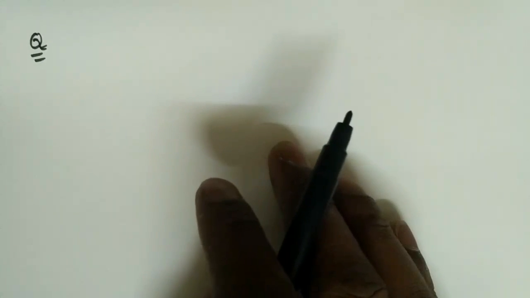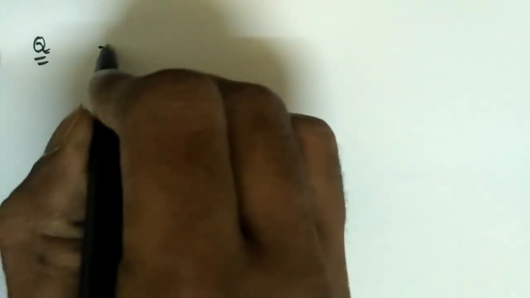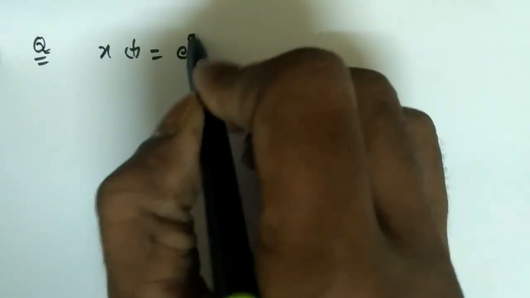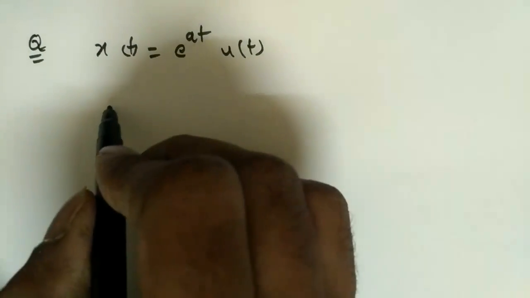Next we will see, we said the Laplace transform is applicable to unbounded signals also. So if I take x of t equal to e power at, which is unbounded, we'll see whether it converges or diverges. Now what is the Laplace transform?